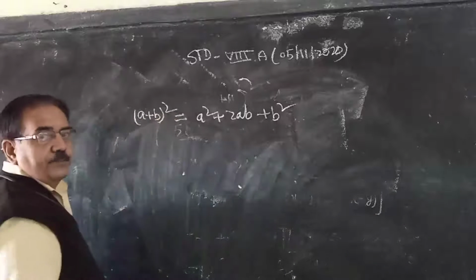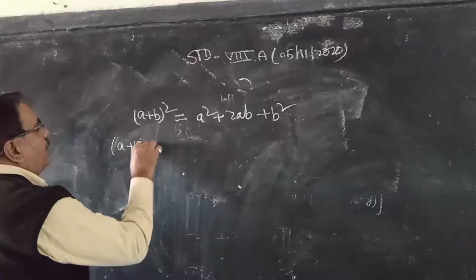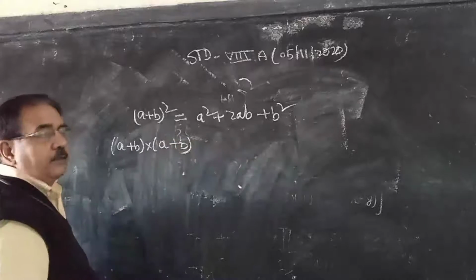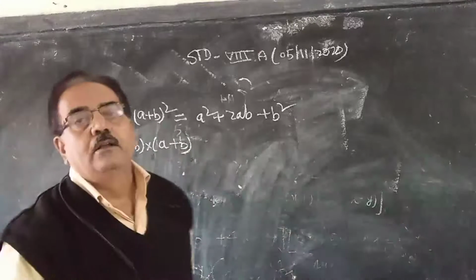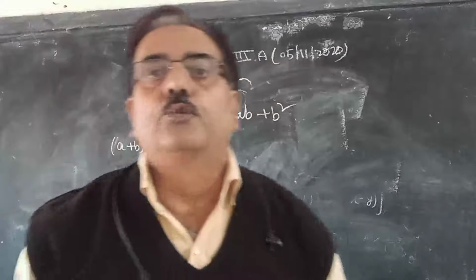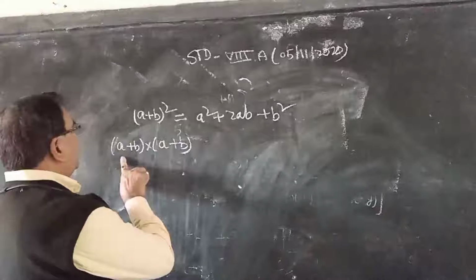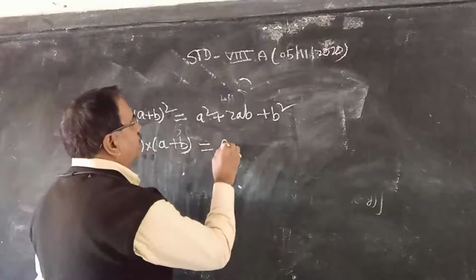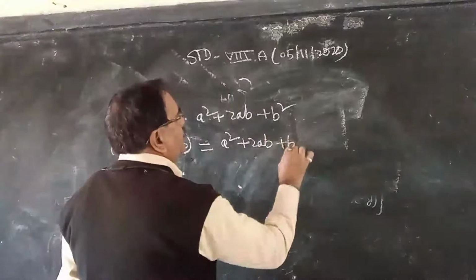What do we mean by a plus b whole square? It means a plus b is written 2 times, a plus b into a plus b. When you multiply these two brackets, you get a square plus 2ab plus b square.